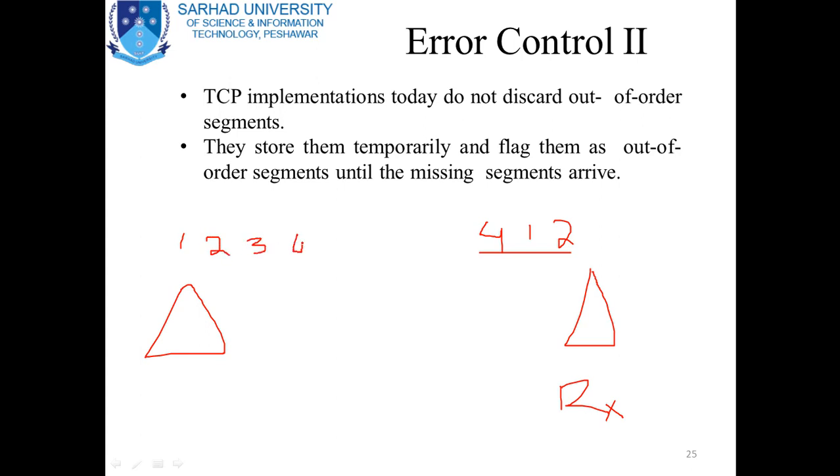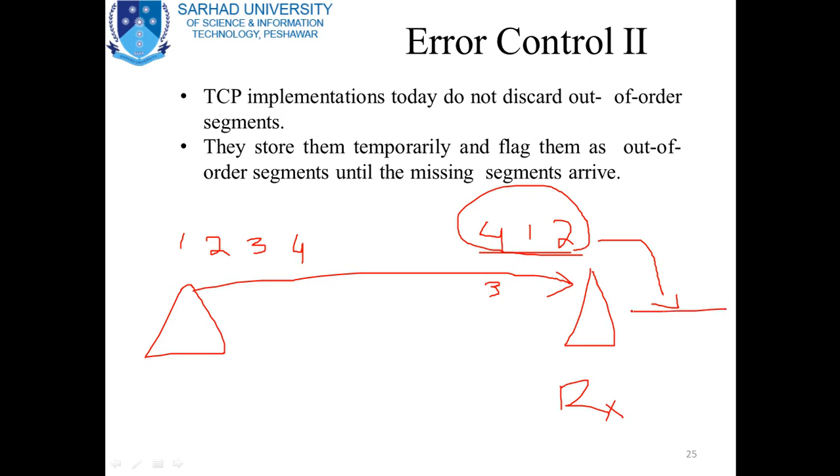But if the transmitter sends the data 3, it will keep this information in a buffer. It will not discard it. It will keep it until it is totally unused, or for a long time.